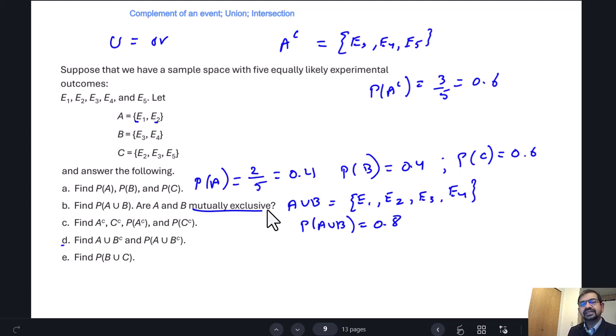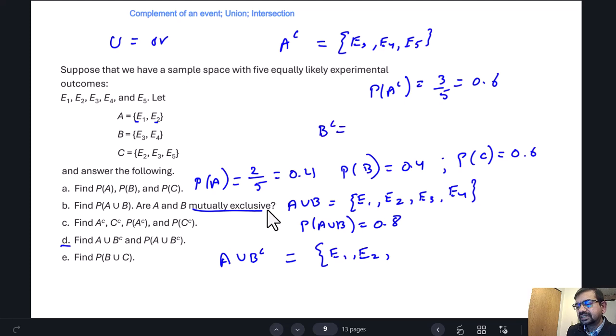D is now looking at the union of A and B complement. So let's first define this event. In D, A union B complement, again, A is the set of E1, E2, B is the set of E3 and E4. So B complement is the set of everything except E3 and E4. Right? So let me highlight that.